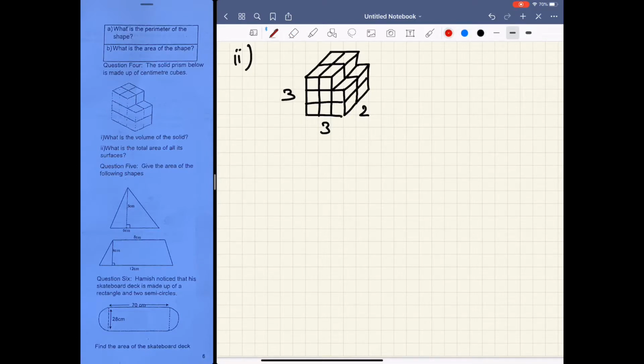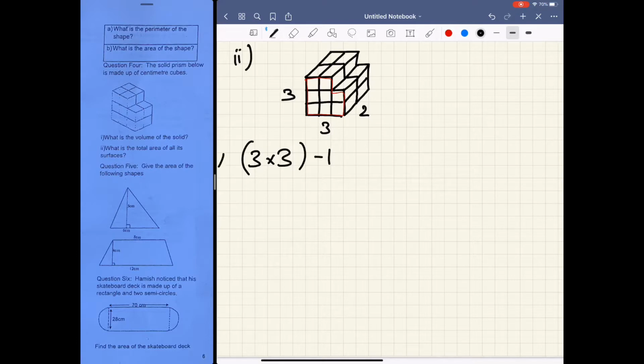so I'm going to do this area first, right? Okay, so that would be 3 times 3 and subtracted by 1.